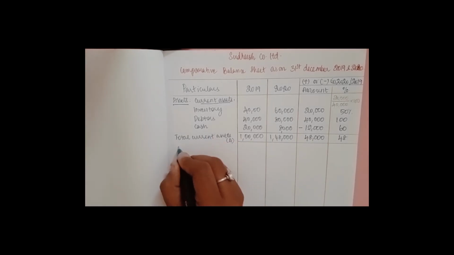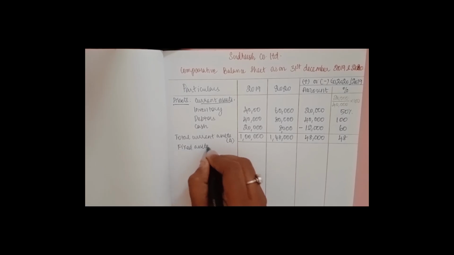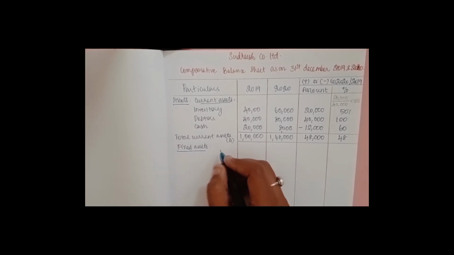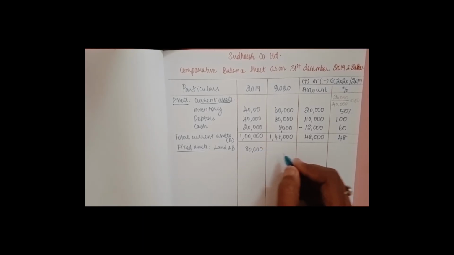The next one is fixed assets. Fixed assets like land and building, which is 80,000 and 74,000 in this year.